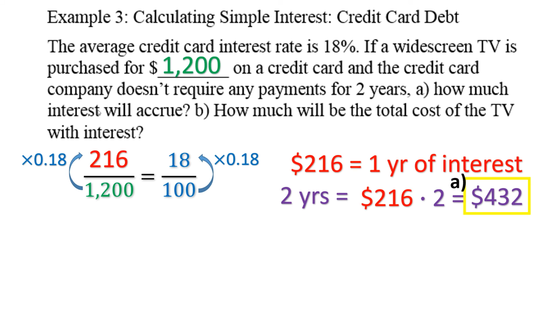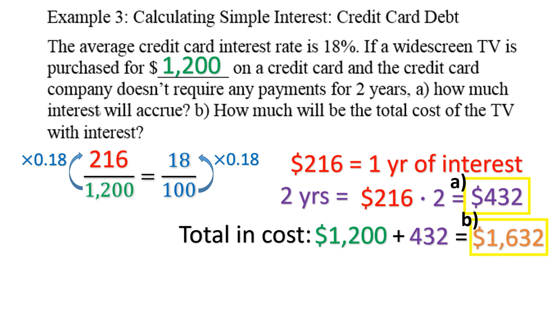So that's part A. $432 is getting paid to the credit card company in interest because you're borrowing the money from them. Now, the total cost then for the TV is the amount you had to pay the store plus the amount you have to pay the credit card. So this TV will end up costing this person $1,632.